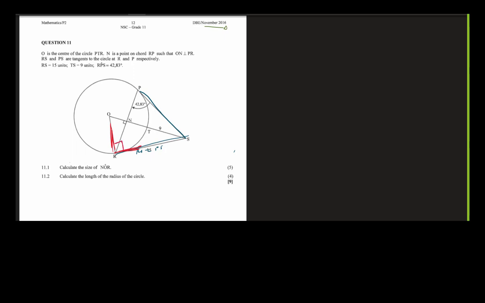Another theorem: a line drawn from the center of a circle to the chord, a line which is perpendicular, bisects the chord. A hell of a lot of theorems worked here. I love this question. I love it so much. Go and practice it because it will help our theorems. This is 9 marks, Grade 11 November 2016. Wonderful question. Wonderful examiner here.